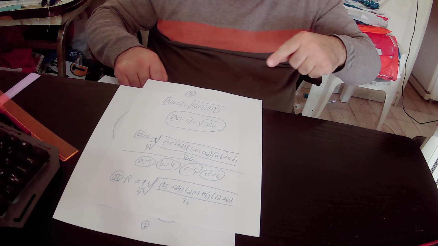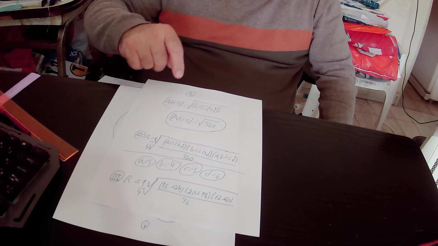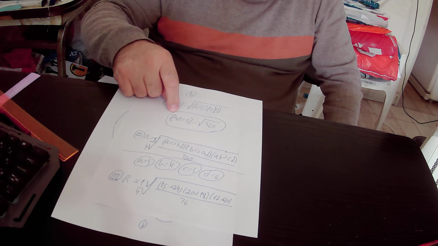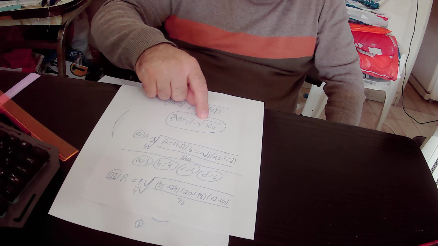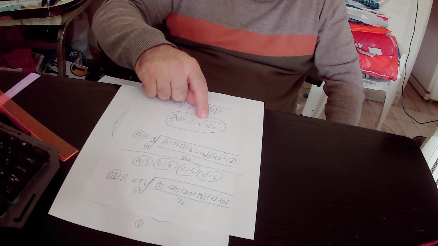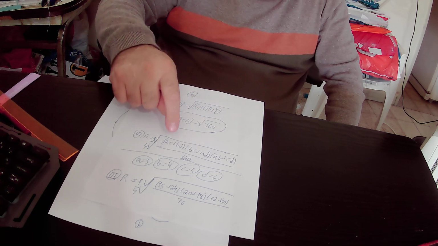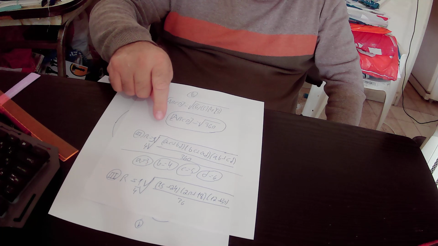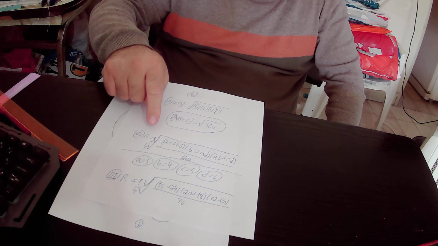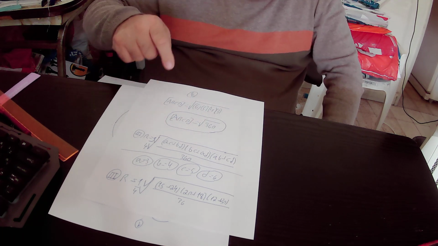So we substituted the area of quadrilateral ABCD by the root of 360 square units, and we got this expression. So the radius of the circle equals 1 over 4 times the root of these expressions.